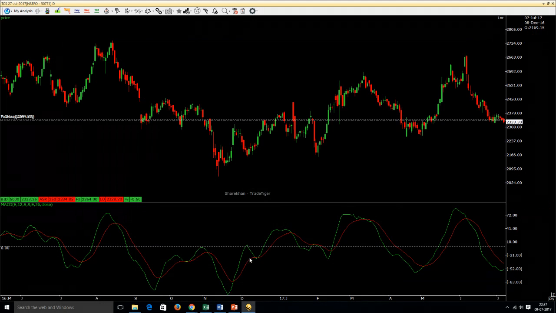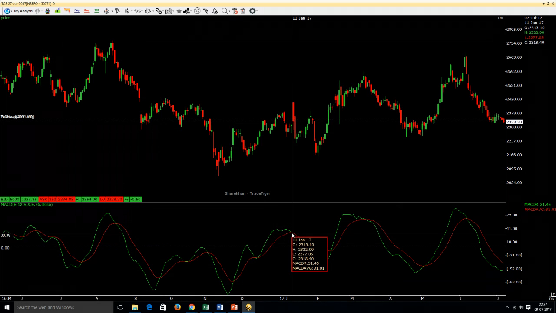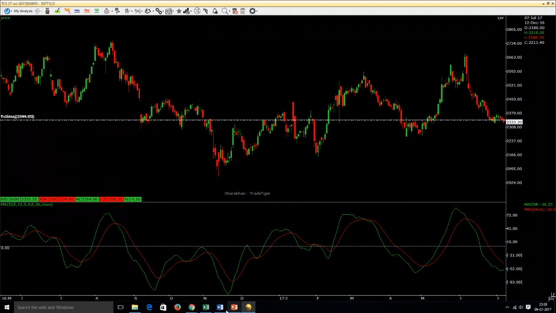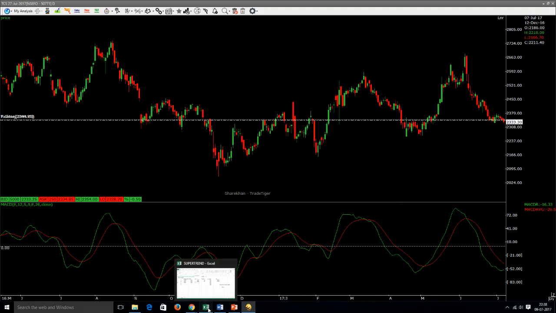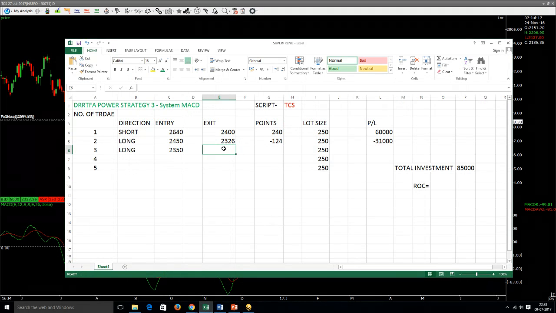And we remain long. Here the crossover hasn't happened, and we remain long. And we close our trade. Here the crossover has happened at 2,818. So 2,318.